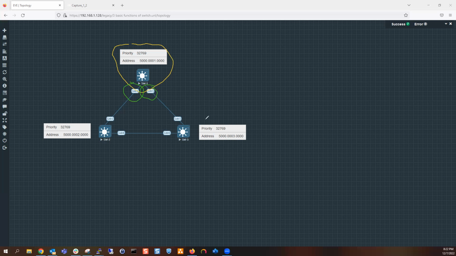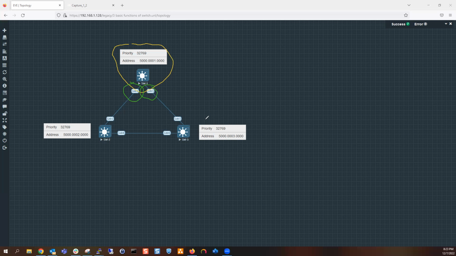Let's keep going. Now that we have our root switch, the king of the broadcast domain, who knows its port states and roles, we decided who's the king. But what do we do with our other switches? We need them to communicate with the entire broadcast domain, because like we talked about in the previous session, we need to make sure we have one path to the root, or one path outside to the internet.